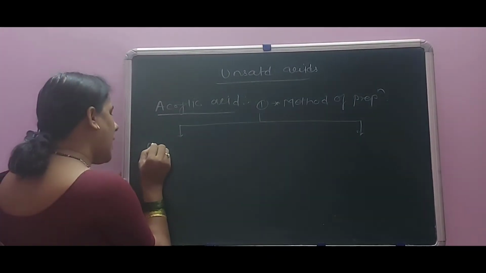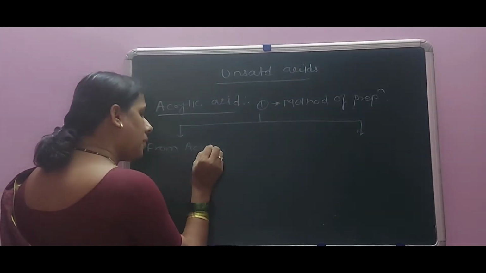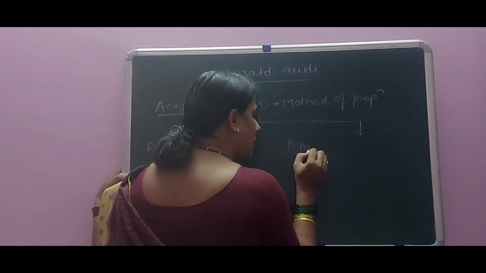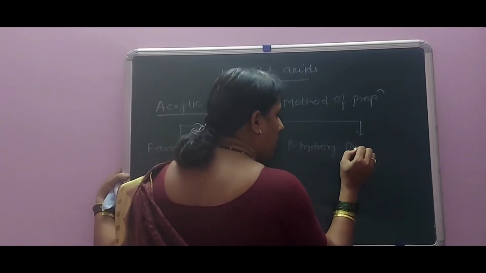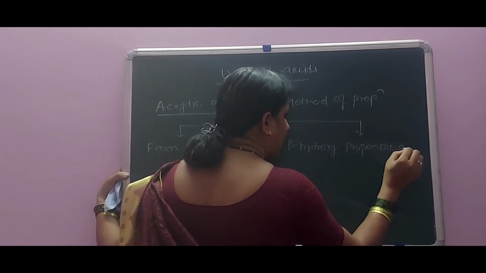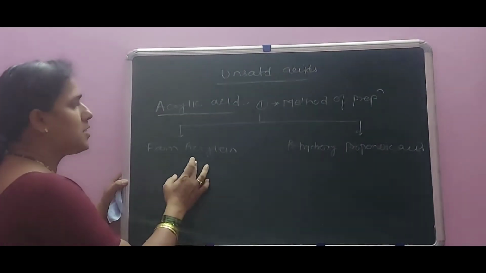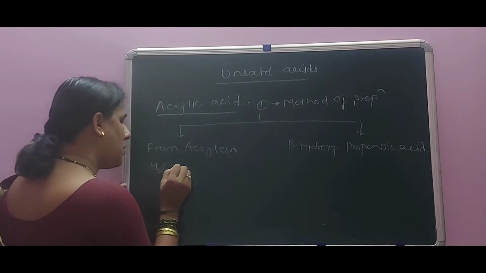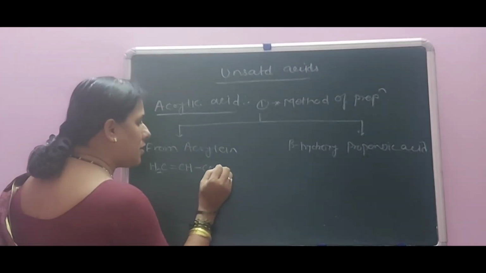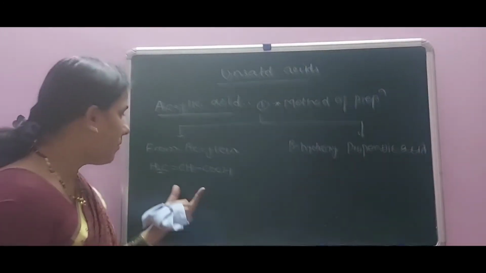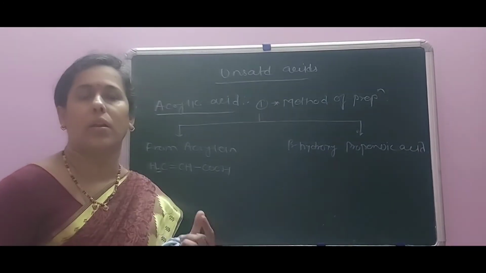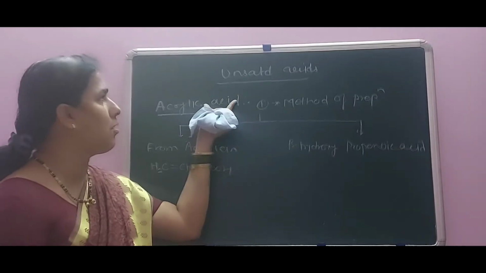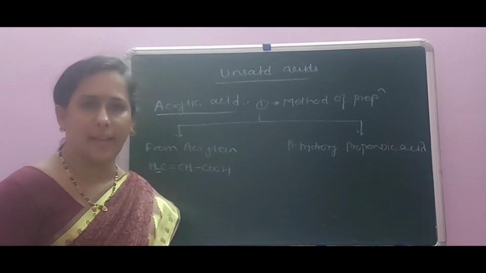First is from acrolein, and the second one is from beta hydroxypropanoic acid. In the method from acrolein, which has the formula CH2=CH-CHO, oxidation of acrolein with the help of a mild Tollens' reagent gives rise to an unsaturated acid like acrylic acid.